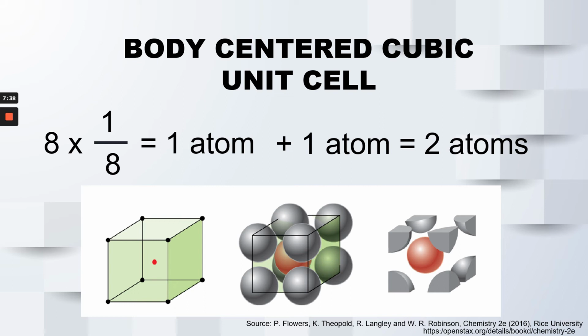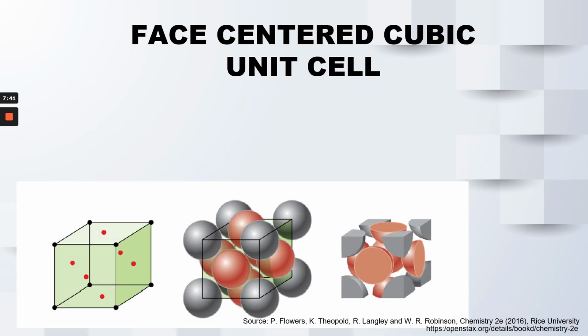So we go to the other unit cell that we want to focus on in this lesson. It is the face-centered cubic unit cell. You can see here, it is also a cubic unit cell. A face-centered cubic unit cell also has 8 corners, and at each corner we also have 1 atom.